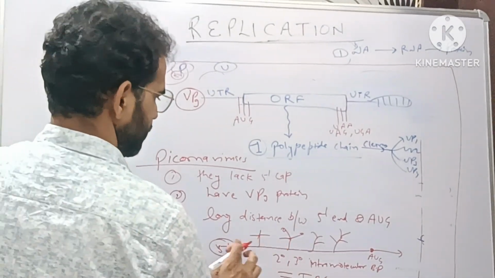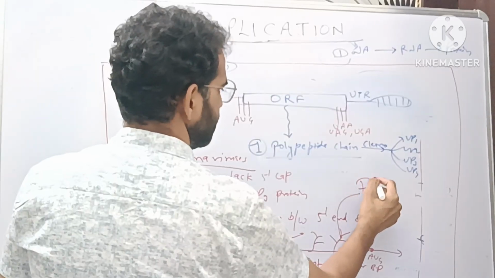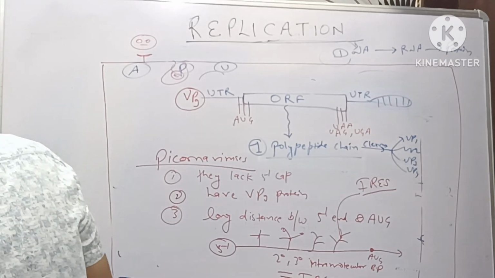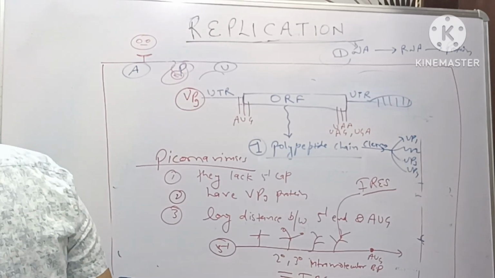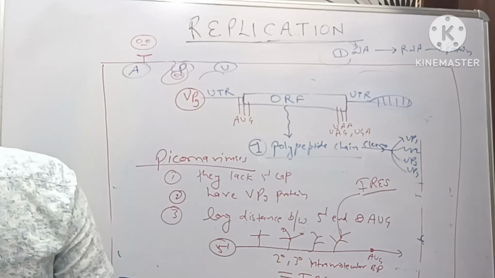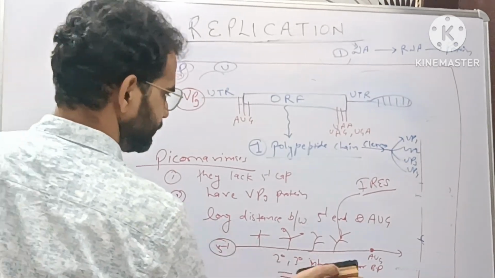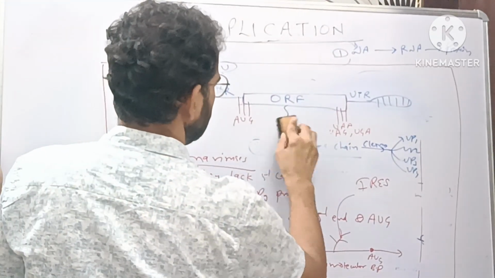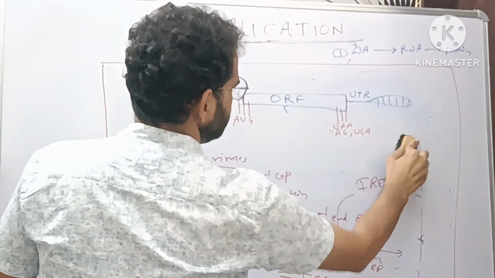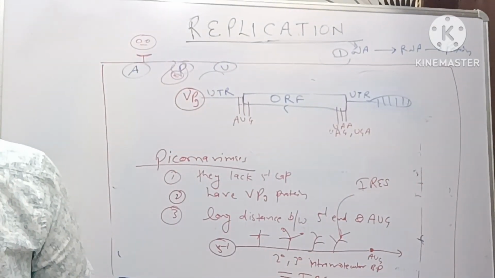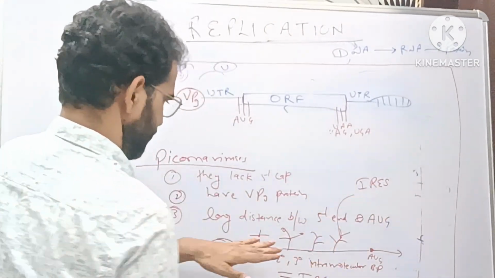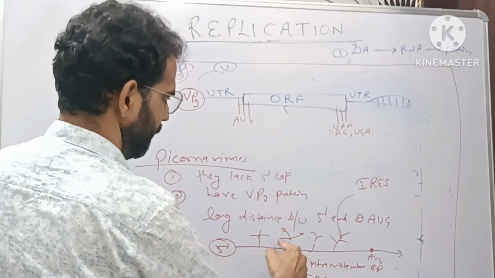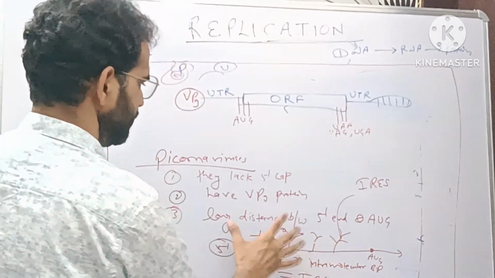These structures are known as IRES, internal ribosome entry sites. Their role is the initiation of protein synthesis.